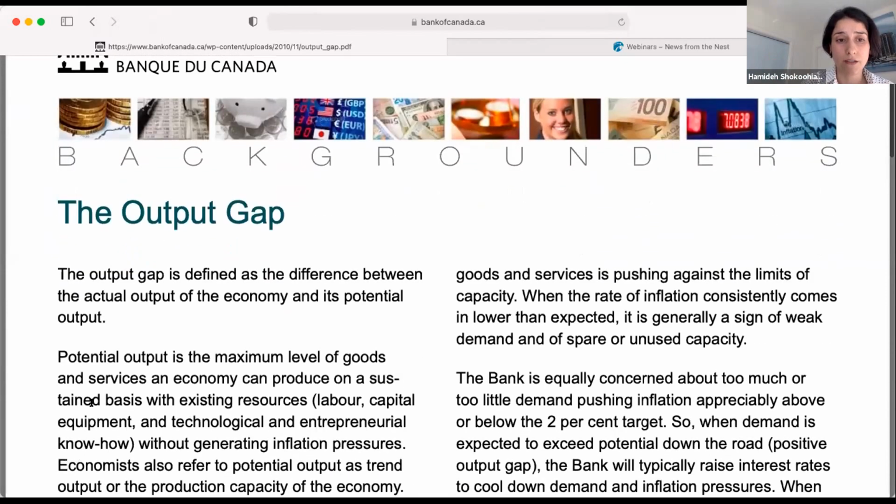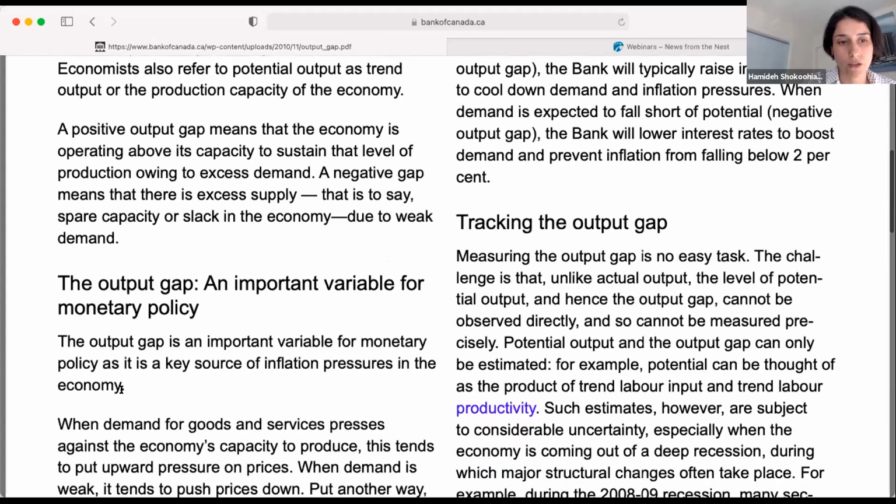Then I give them a one-sentence definition of the output gap, letting them know what the negative and positive output gap show, and I ask them to read this part: that the output gap is an important variable for monetary policy, as it is a key source of inflation pressure in the economy. This is not me reading this for them.